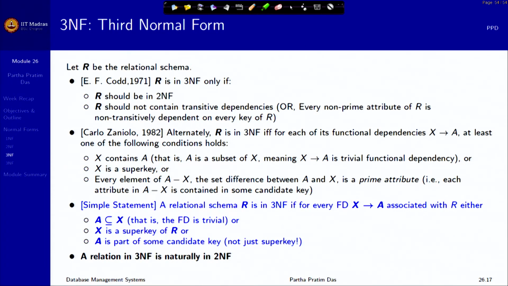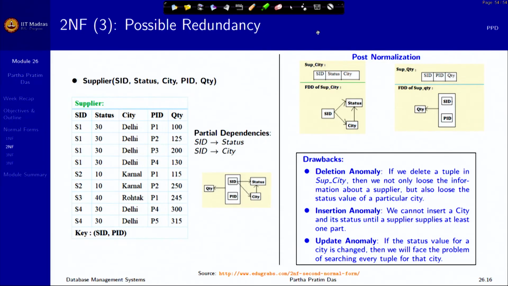Now, we have seen that, let me just go back once more. I have not created the instance here, but if you see that SID decides the city, city decides the status, and therefore SID decides the status.